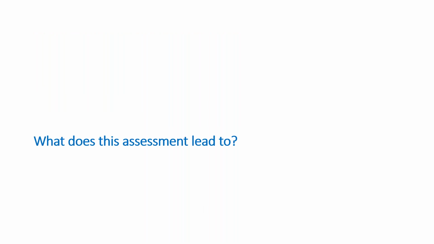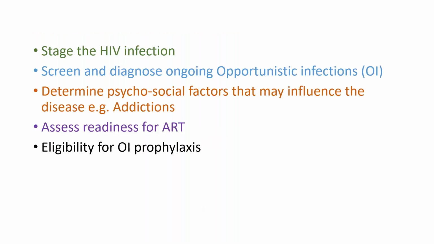So what does this assessment lead to? Once you've assessed this patient, what are you going to do? We are going to do what is called the staging of the HIV infection, and we'll talk about that a little later. After we have done our clinical evaluation, we stage the patient. As part of the staging, we are able to screen and diagnose whether there is any ongoing opportunistic infection in the patient.